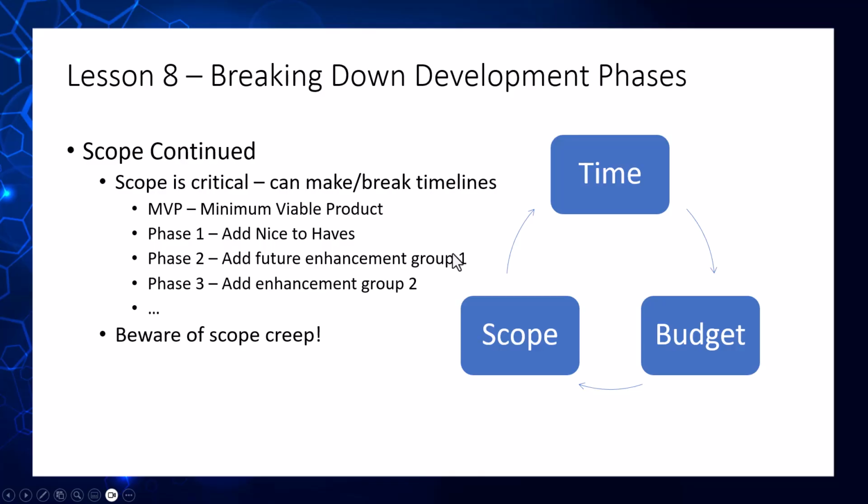So here we have a diagram over to the right: typical project management includes time, budget, and scope. We need to make sure we're balancing these out and actively managing each of these so that we get to a successful project that's on time, on budget, with the scope that we need.